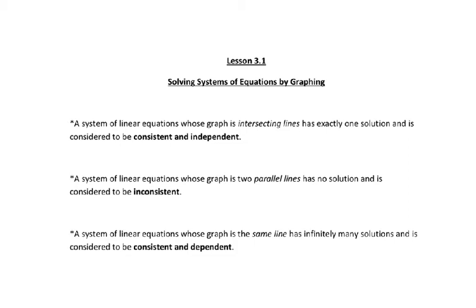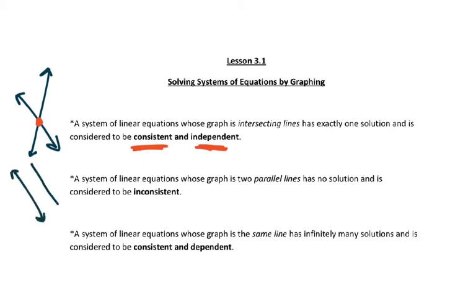If, when we graph two lines, we end up with a situation where the two lines cross at a certain point, then we say the system is consistent and independent. If it results in a situation where there are two parallel lines that never cross, then there's no point and they are inconsistent.